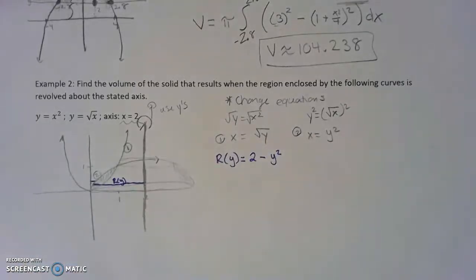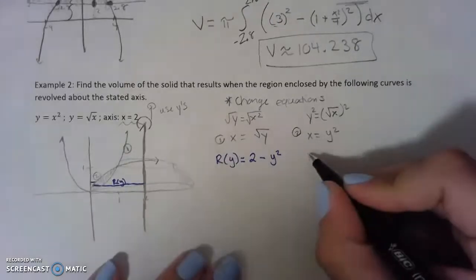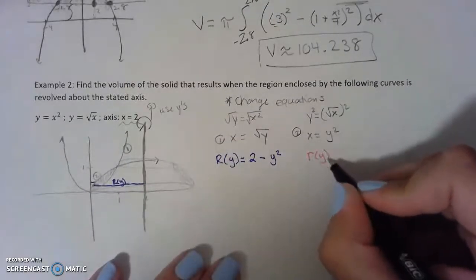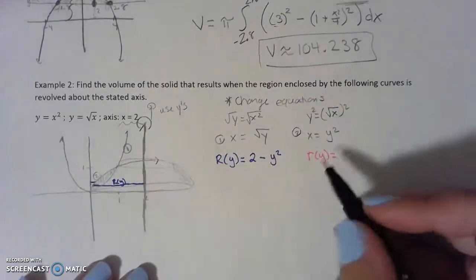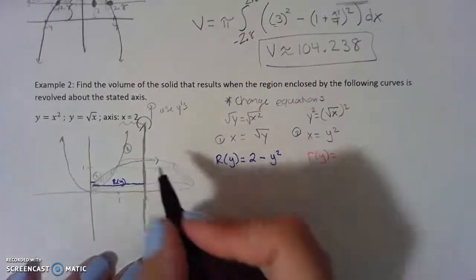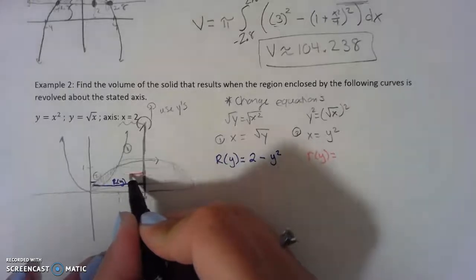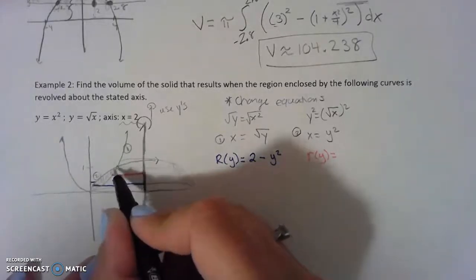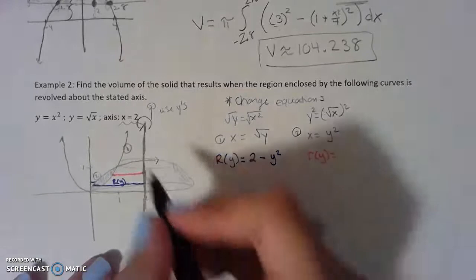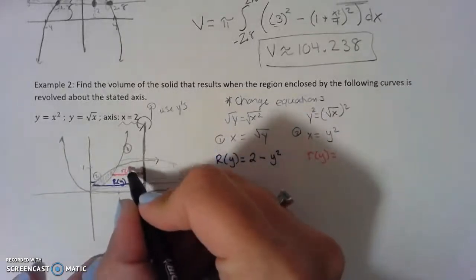Now I'm going to go to pink. So little r of y, this is the inner function, the inner curve. So from the axis that we're rotating to the inner curve, so that piece, this here is going to be our little r of y.